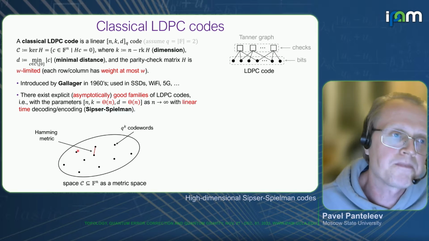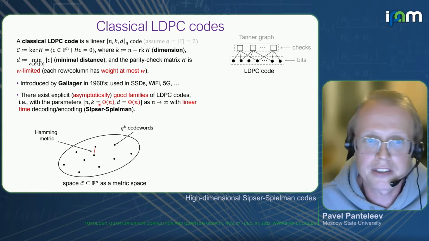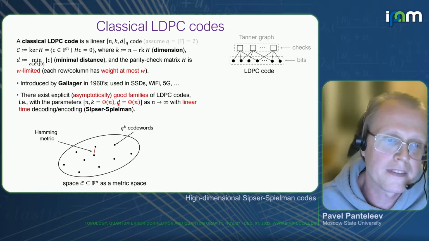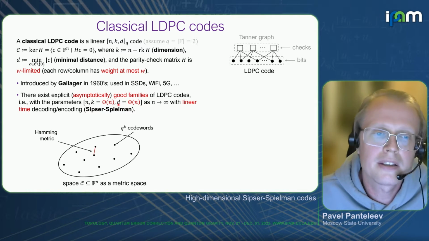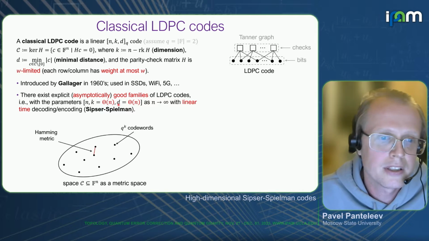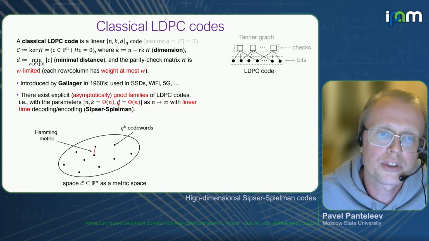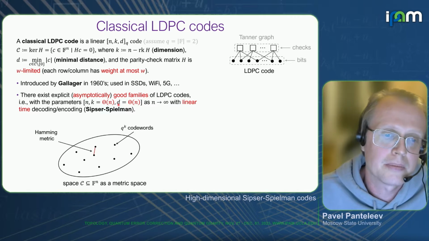So what is known about classical LDPC codes? They were introduced in the 1960s and nowadays are used almost everywhere. What is fun about them is that we can construct them quite explicitly, and there are asymptotically good families which can be constructed explicitly.